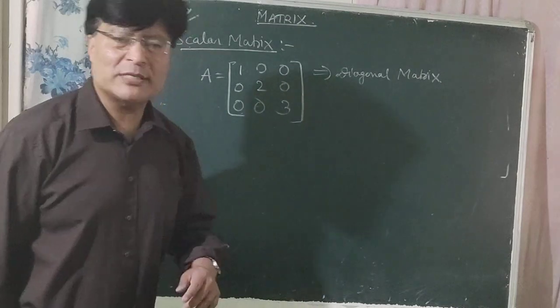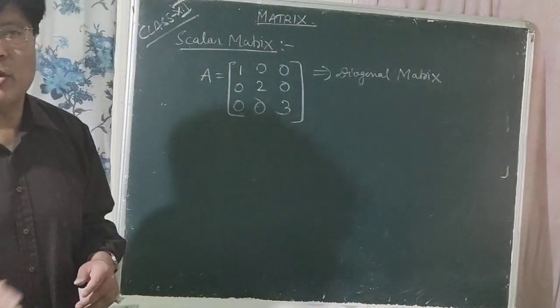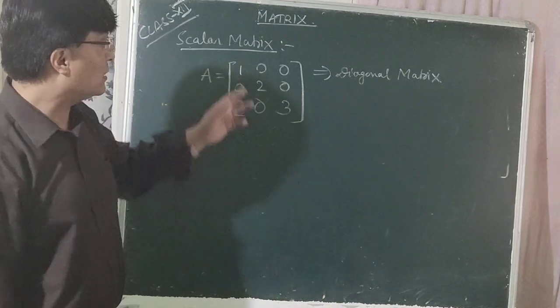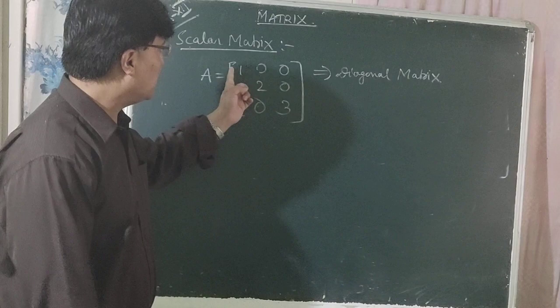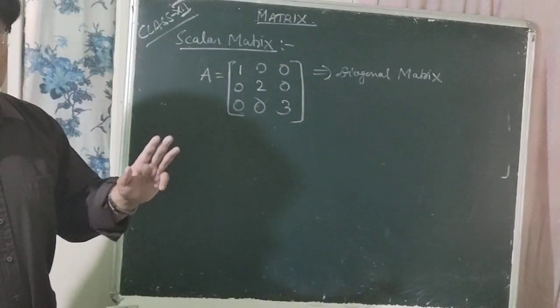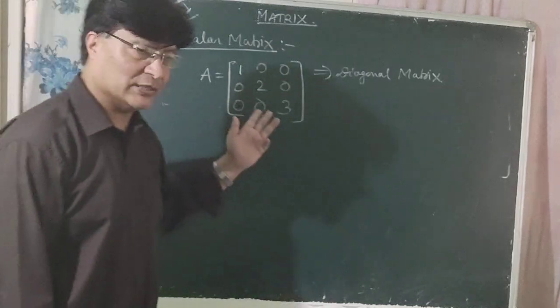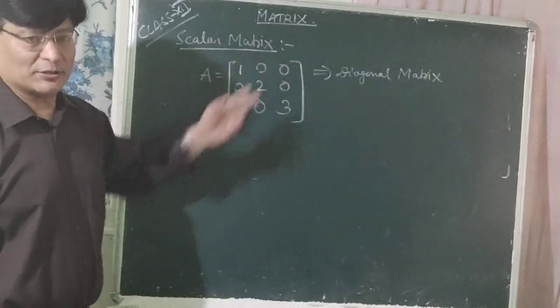But what type of matrix is known as a scalar matrix? If the diagonal elements are all the same. If in a diagonal matrix all the elements on the diagonal are the same quantities, then that matrix is known as a scalar matrix.